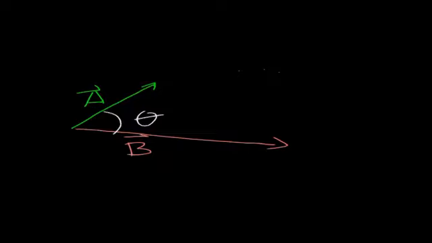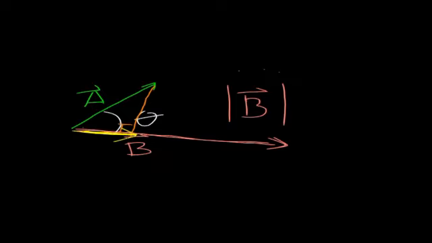Let's draw a perpendicular line. What you get from the dot product is essentially this yellow vector multiplied by this pinkish reddish vector B. Or at least the magnitude of vector B times the magnitude of this yellow vector.